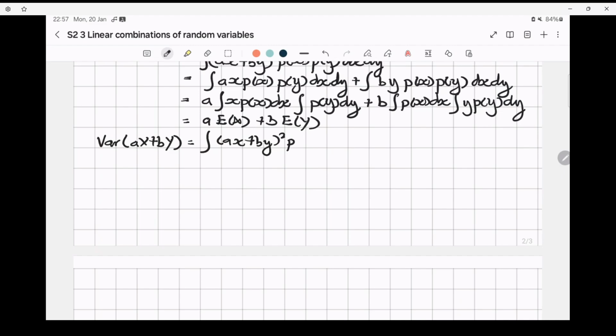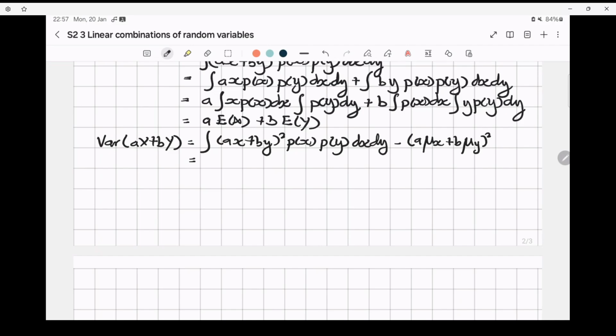Here I directly quote the definition of independent random variables, px multiplied with py dx dy, minus the mean, which we already know is a mu x plus b mu y. This is again from the proof that we have done above.